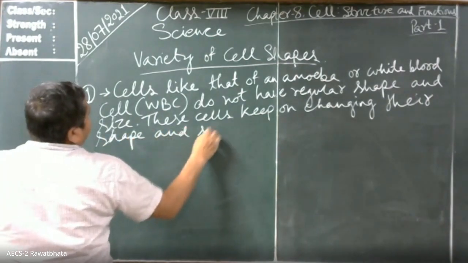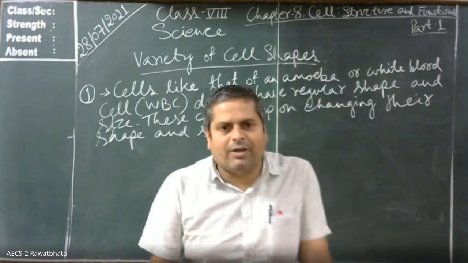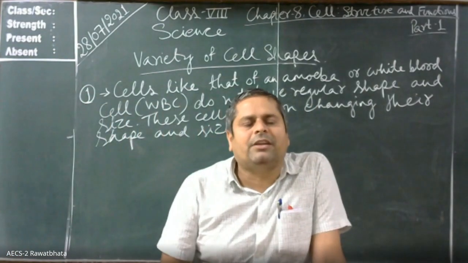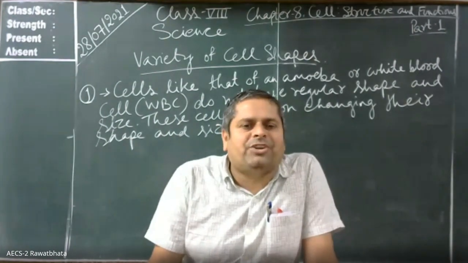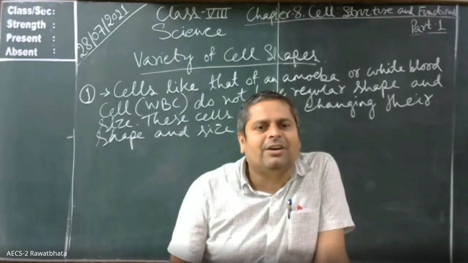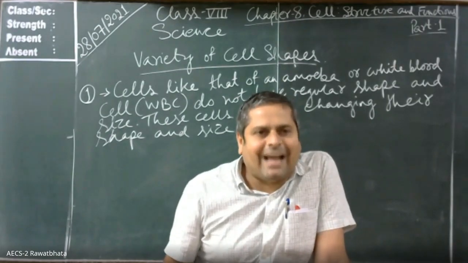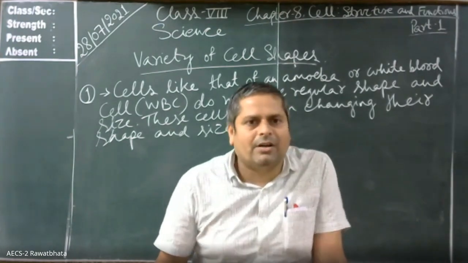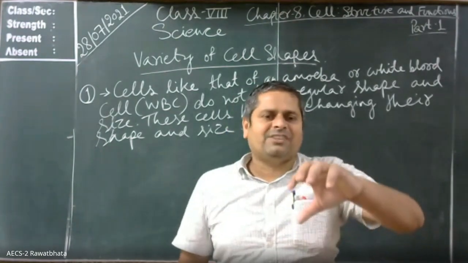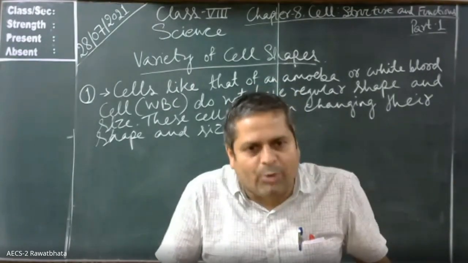Children, recall from chapter number 1 in class 7th, animal nutrition. There we had studied nutrition in amoeba. Amoeba captures its prey by extending its body in the form of pseudopodia.